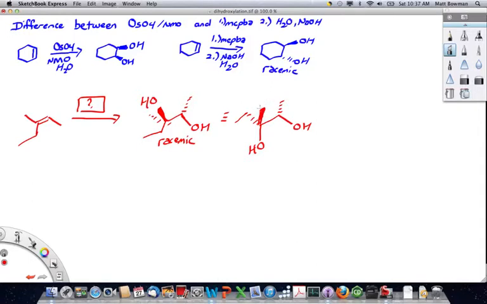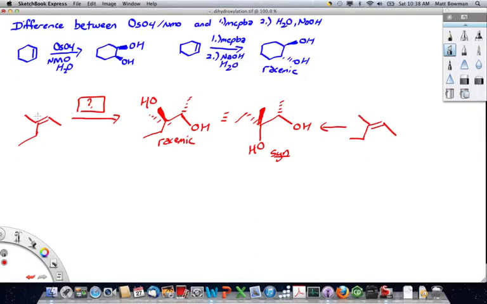And so the syn configuration, if you reverse this process, the ethyl and the methyl group end up cis to each other, and this methyl group and that methyl group end up trans to each other.